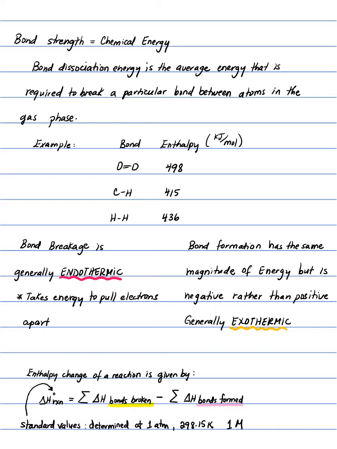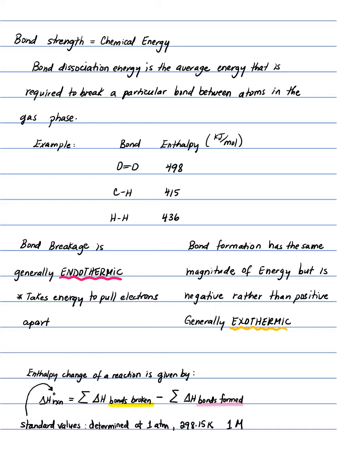So I have an equation right there at the bottom of the page which allows us to calculate enthalpy change for a chemical reaction based on the numerical value that we have for that bond dissociation energy.